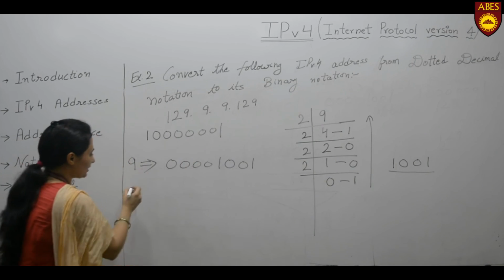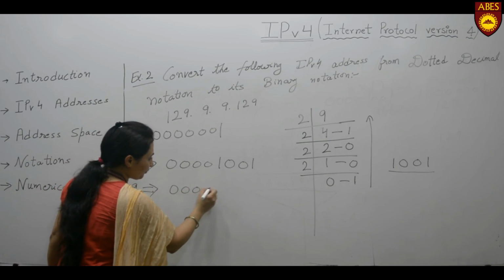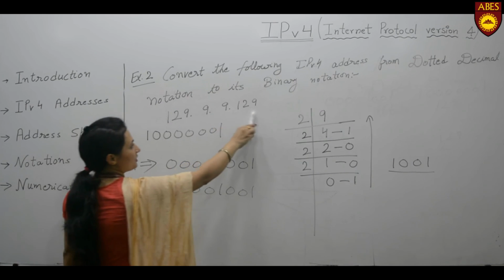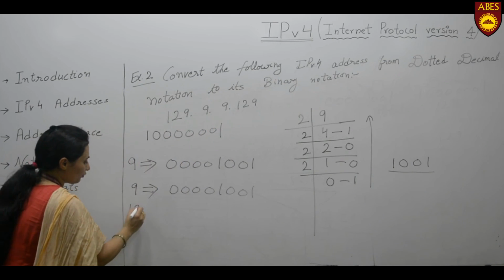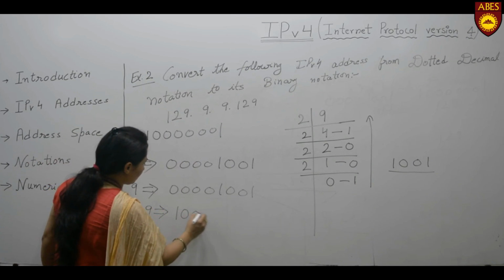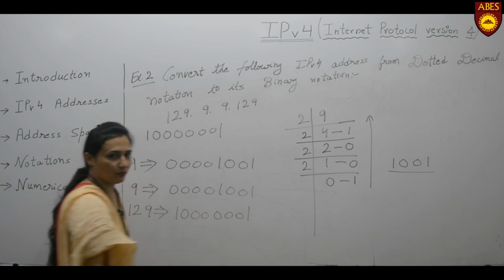Again we have by chance 9 in this example. Then the binary equivalent will be the same as the previous one. And the last number is the same as the first. So the binary equivalent of 129 will be 1 0 0 0 0 0 0 1.